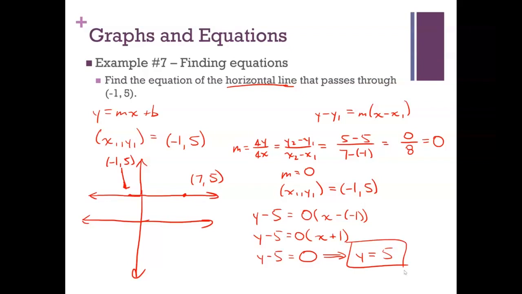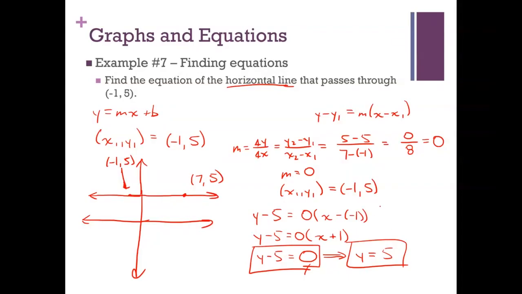Any questions so far? It's kind of hard to talk about when the slope is 0. But how did we find either one of these equations?